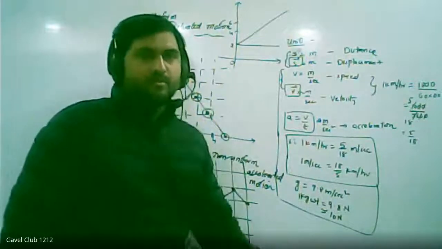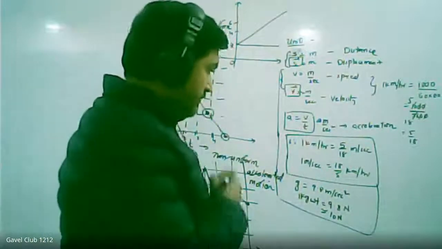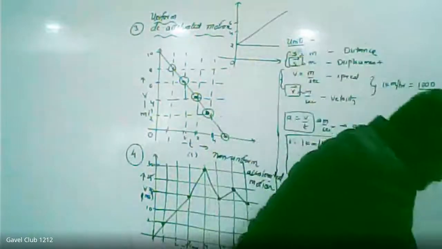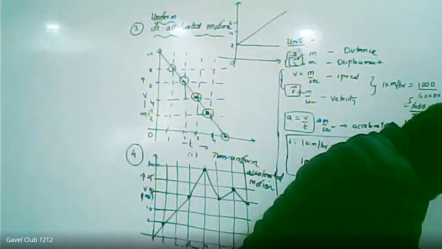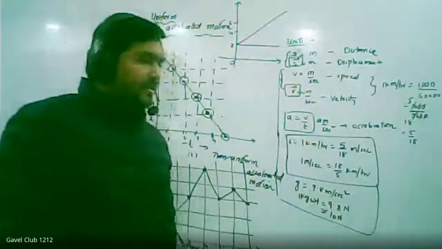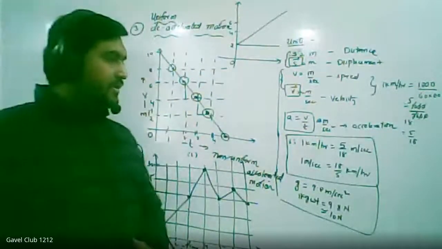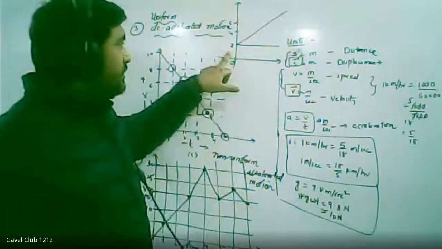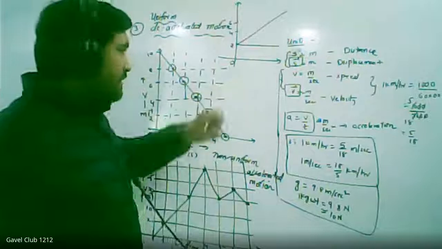That means it is already in motion. If the object is already in motion, we say that it's moving with a certain velocity initially. Please note down this point.